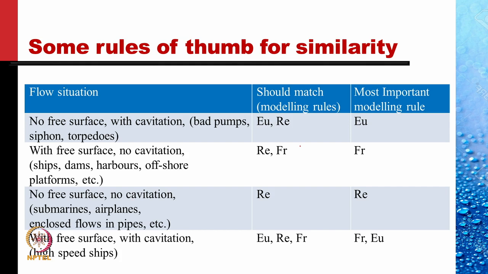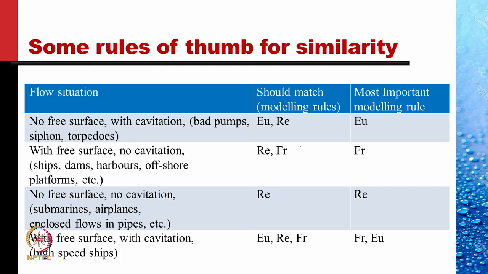In the second flow situation that we discussed, we have free surfaces but no cavitation, like in ships, dams, harbors, offshore platforms, etc. Since there is a free surface, Froude number is important.